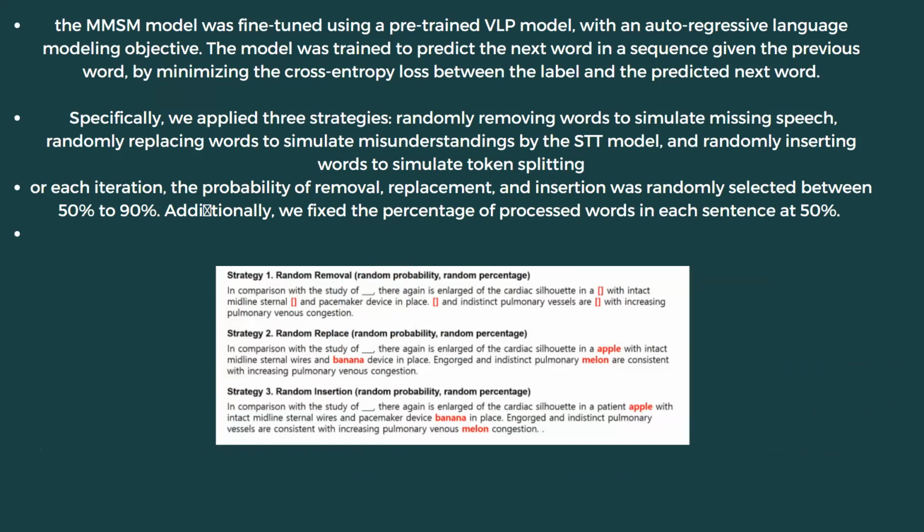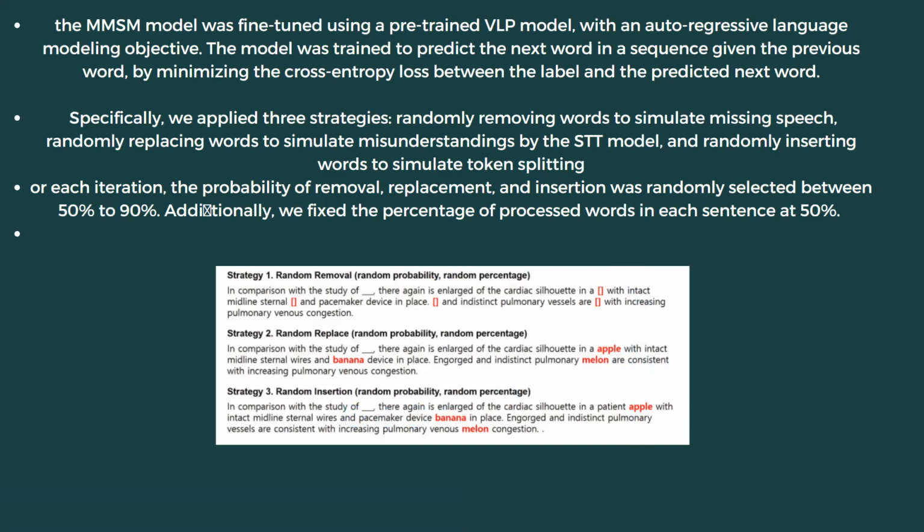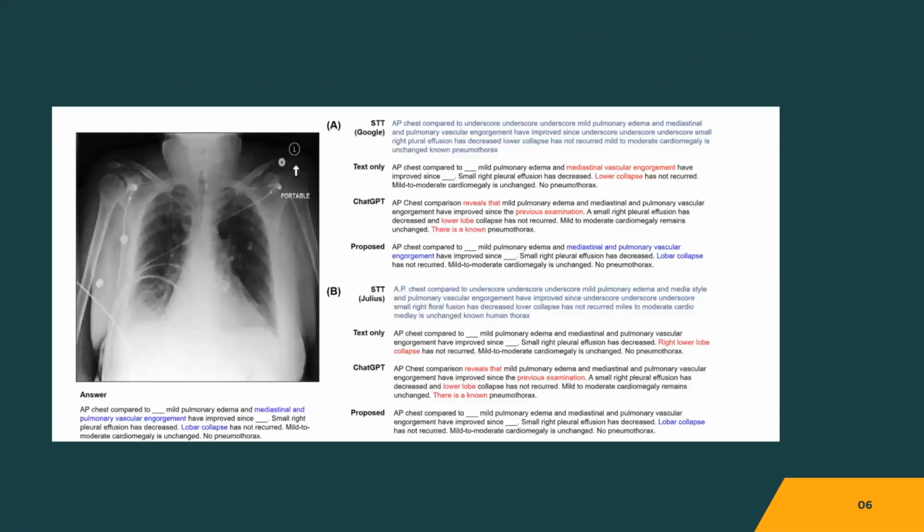The second way was randomly replacing some words, replacing a correct word with an incorrect word basically. And the third way was insertion. Insertion basically is randomly inserting random words in random places.